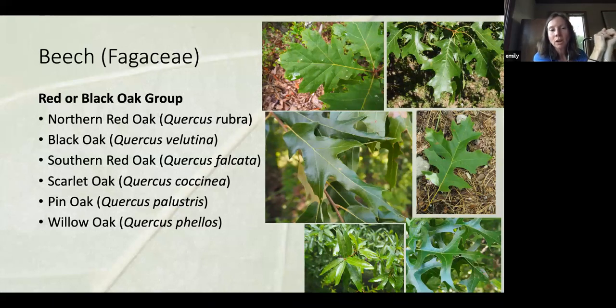Scarlet oaks in the wild are pretty bad self-pruners, so they usually look pretty scruffy. Another thing to know when you're IDing trees is that the pin oak has a very distinctive form when it's out, and not put on the side of a parking lot. Its lower branches want to point down at the ground, its middle branches want to point out, and its top branches want to point up.